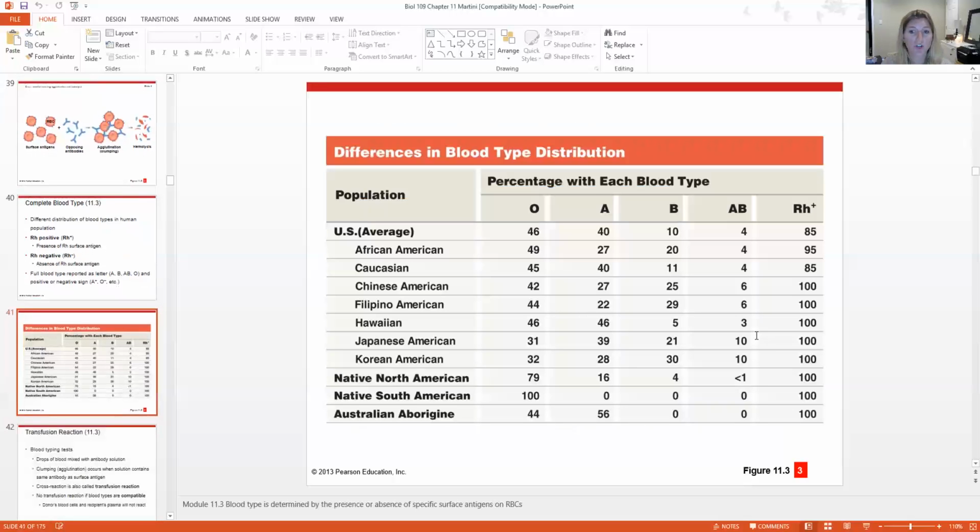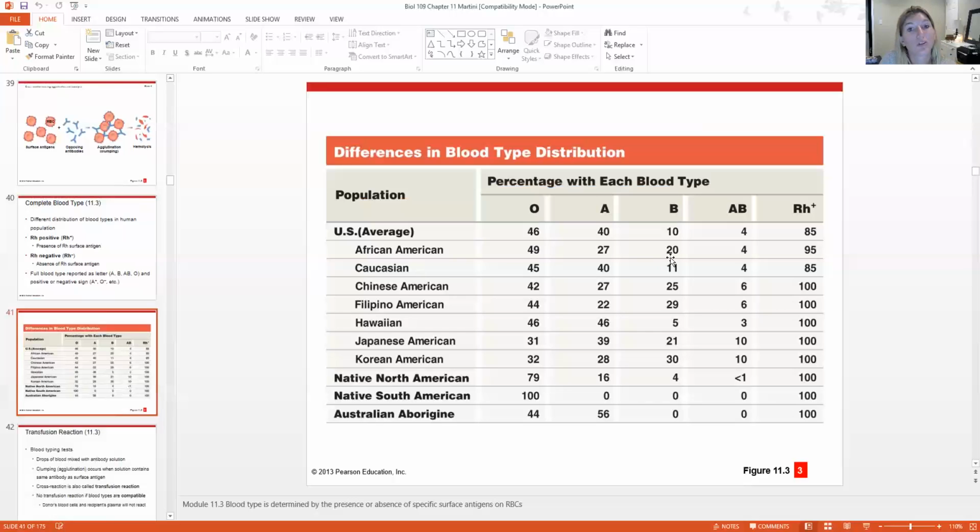So this is just the overall distribution of blood types. Most people are Rh positive. It's fairly rare to be Rh negative. And interestingly enough, your heritage can also influence what type of blood you have. There are more common blood types in different populations. So for instance, I'm blood type B, I'm B positive, and obviously I'm Caucasian. Only 20% of Caucasian Americans have my blood type.